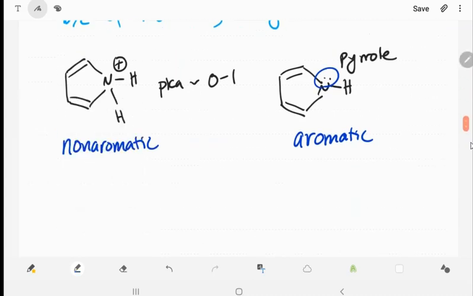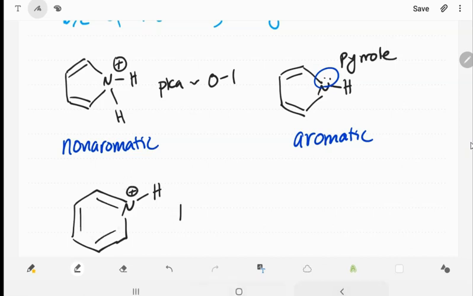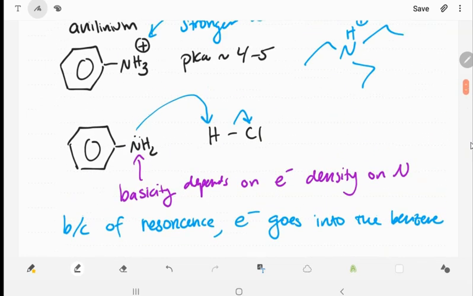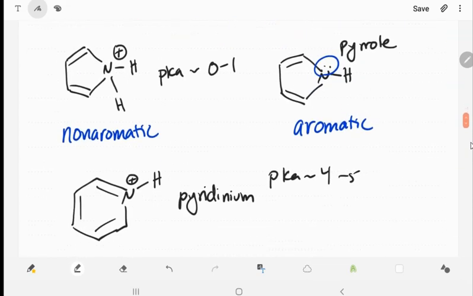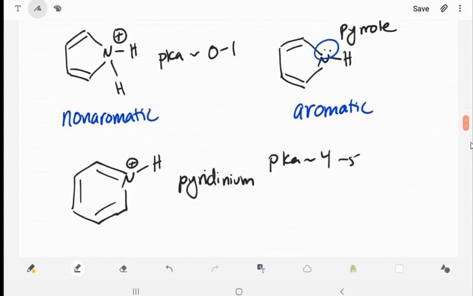Interestingly, though, when the lone pair does not participate, so pyridine or pyridinium has a pKa of also around 4 to 5. Same as a plain old aniline. The reason is because the lone pair on pyridine does not participate in aromaticity. In pyrrole, it does.